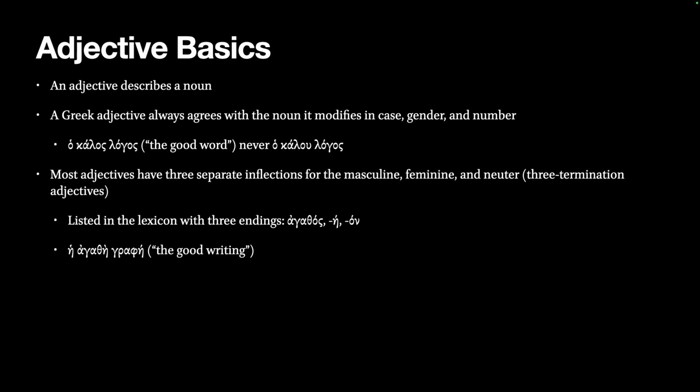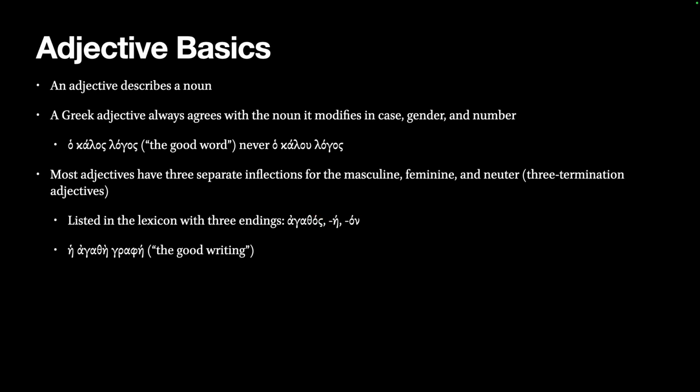So again, this being the case, most adjectives are going to change their form or change their inflection for the masculine, feminine, and neuter. They're going to look different in the masculine, the feminine, and the neuter. So what is called a three-termination adjective means it has three endings or terminations.